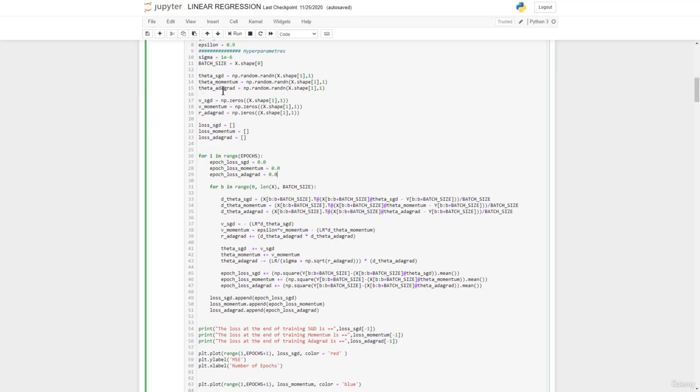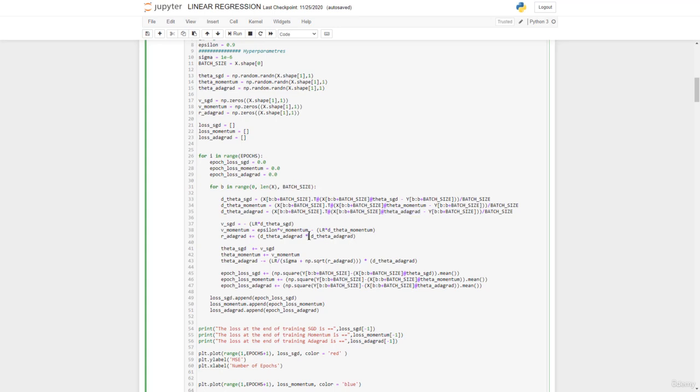We define theta Adagrad, we define R Adagrad, since this time around we're dealing with R instead of V. We define the loss Adagrad, epoch loss Adagrad. We have the theta Adagrad, which is a function of theta Adagrad. We have R Adagrad, which is R Adagrad plus d theta Adagrad times d theta Adagrad.